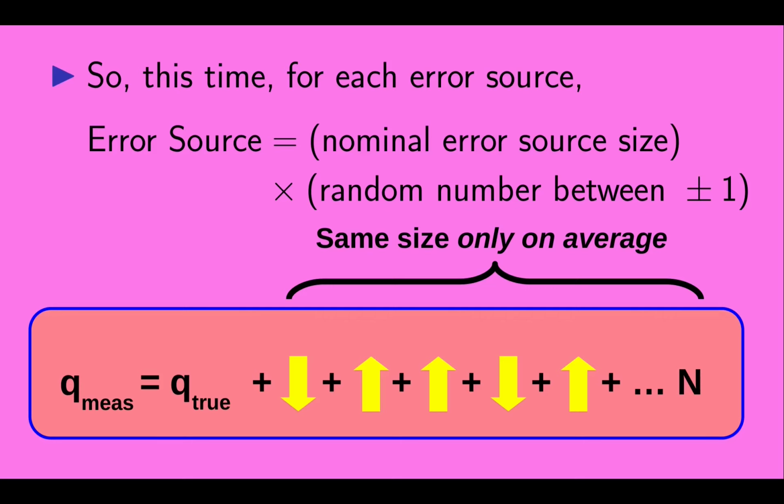So this time, each error source will be a constant nominal error source size times a random number between -1 and +1. This is an improvement over what we did before when we multiplied the nominal error size by plus or minus 1. The nominal error size is something that would be determined by the experimental conditions of the measurement.